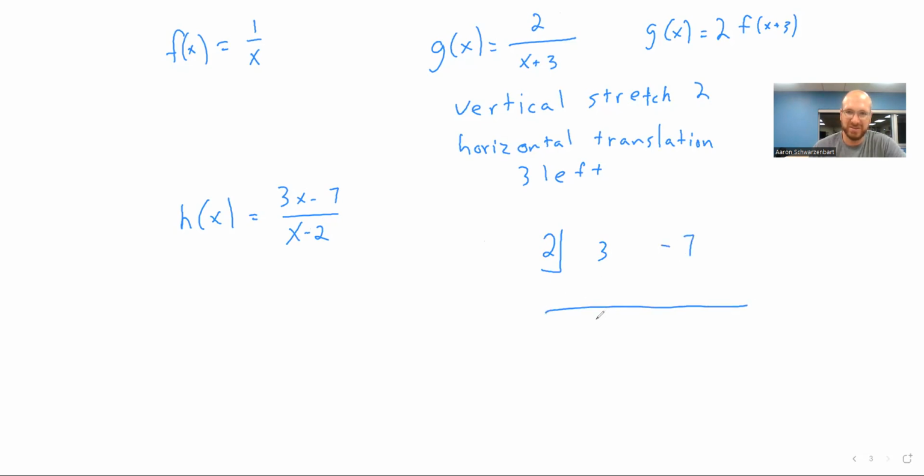Why use regular division when I can use synthetic? 6, -1 is the remainder, so I've got 3 minus 1 over x minus 2, because that's my denominator. Or I can look at this as -1 over x minus 2 plus 3.